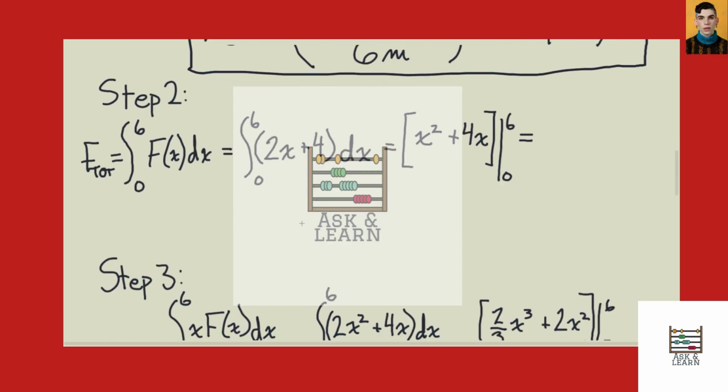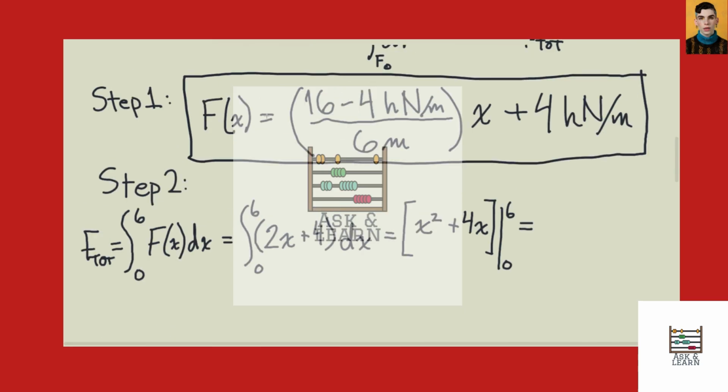Next step, we're going to integrate this force load density over the beam length. The beam spans from 0 to 6 meters. So we can break this down. 16 minus 4 is 12, divided by 6 is 2x, plus 4, and I am omitting the units here for mathematical clarity.